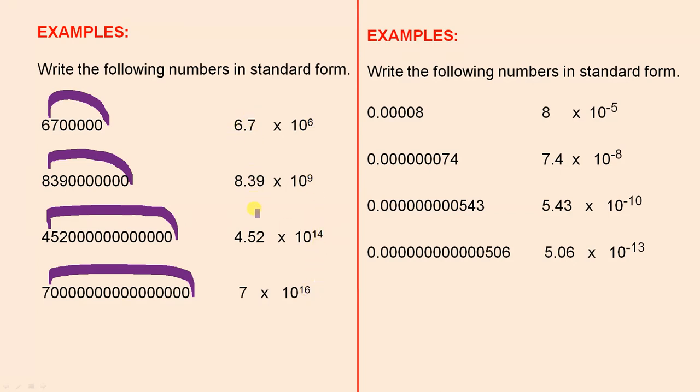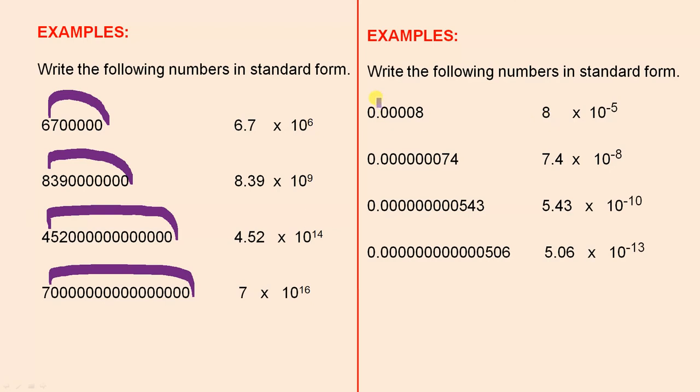Each of these numbers is less than 10, and as long as they're greater than or equal to 1, that is the case. Over here we have very small numbers, so we have to go the other way. Where do we place the decimal point so this number is less than 10?